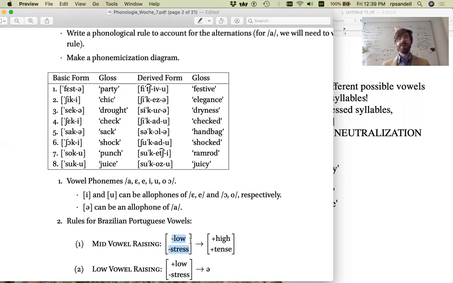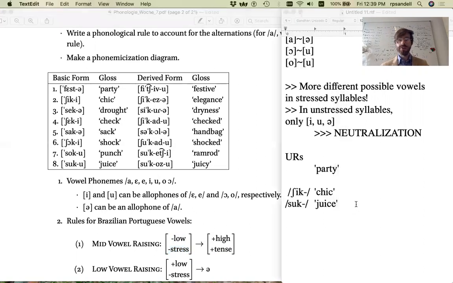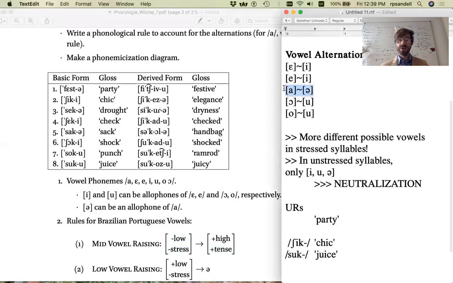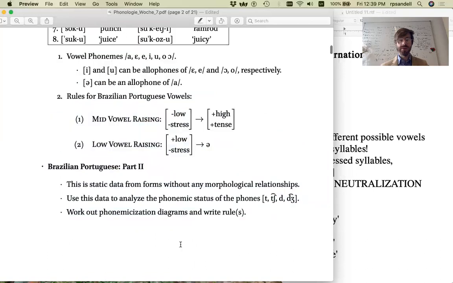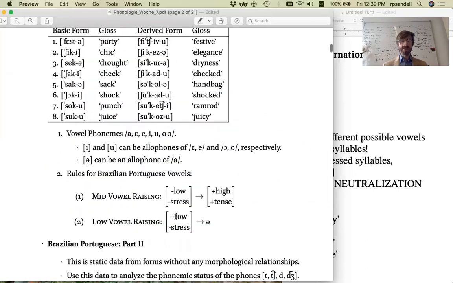And this is because we're treating this feature stress as a property of the vowel itself and not a property of the environment. Now, as far as the alternation between A and schwa is concerned, the conditions are the same, namely when the vowel is unstressed, but there we need to say that a vowel which is low, namely A, turns into schwa when it's unstressed.